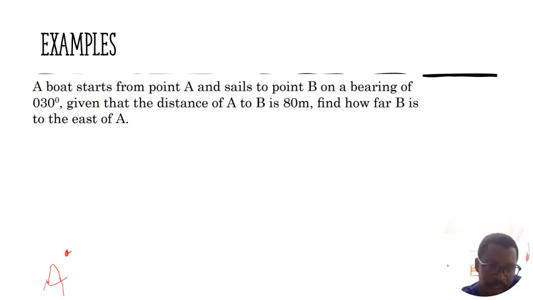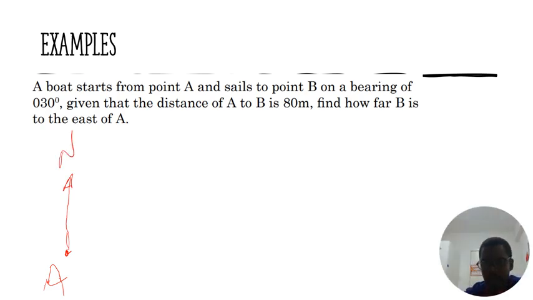So you need to have a reference, and the reference is north. That's N, north. A bearing of 30 degrees means from north you have to go clockwise. So we measure 30 degrees.